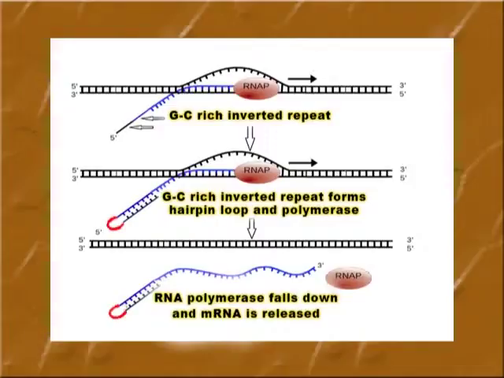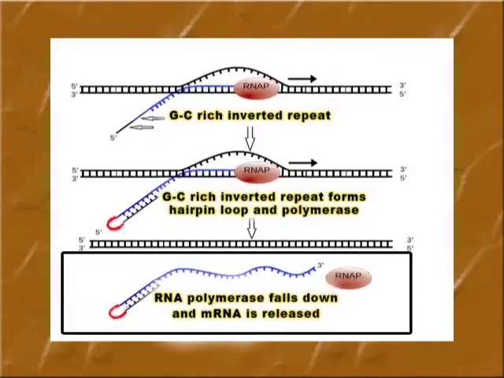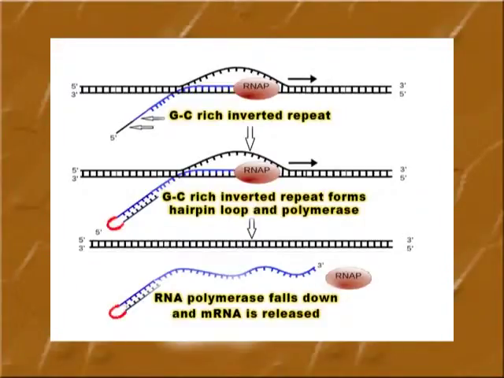This type of structure is thermodynamically unstable and causes the mRNA to fall from the DNA template. When the RNA is detached, the RNA polymerase also falls off the template and termination of transcription occurs. This type of termination shows that the structure of RNA itself can cause its own termination from the DNA chain.